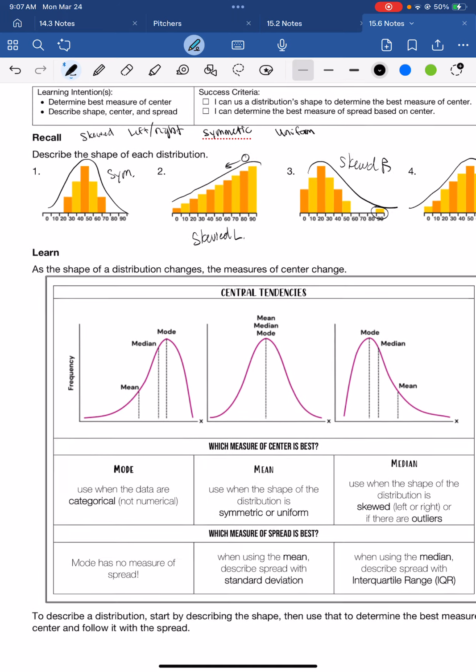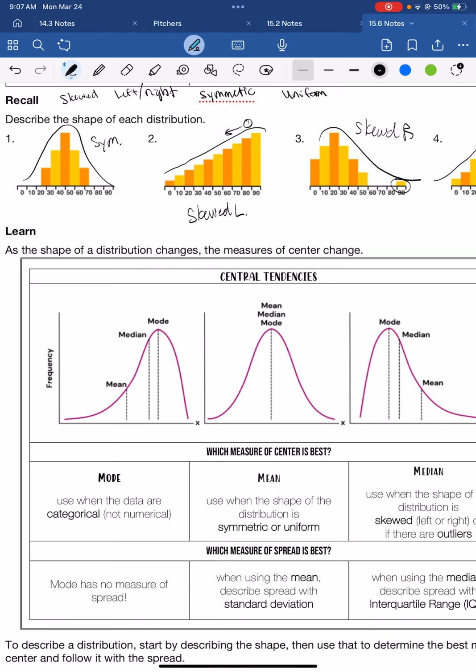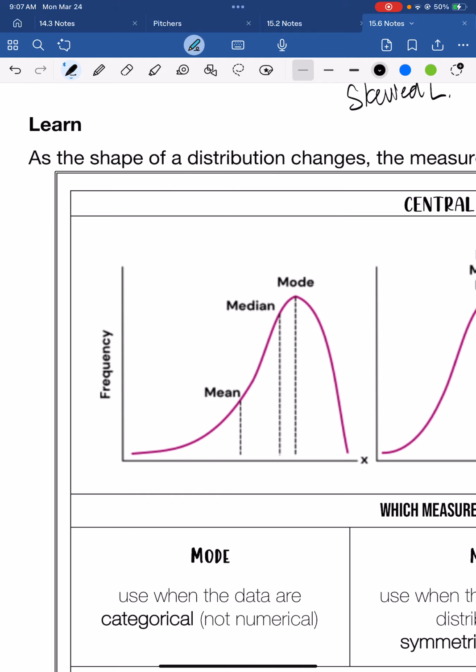All right, so let's talk about central tendencies a little bit. Depending on the shape of the distribution, the types of measurements that we want to use can change. As you can see, this first one over here, mode being the most frequent, is the highest point of our graph because it's the most frequent response.